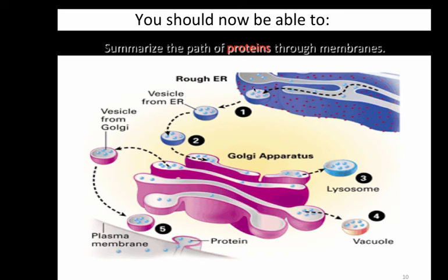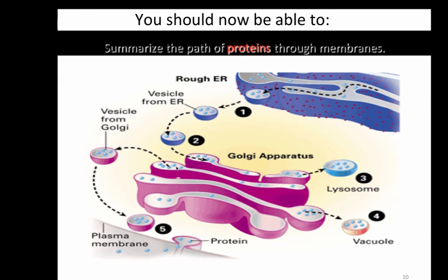Once they are modified in the ER, transport vesicles are formed, they bud off, and they fuse to the Golgi. They come to the cis side of the Golgi apparatus. They can become modified here within the Golgi.